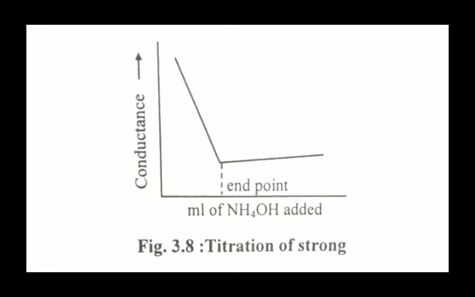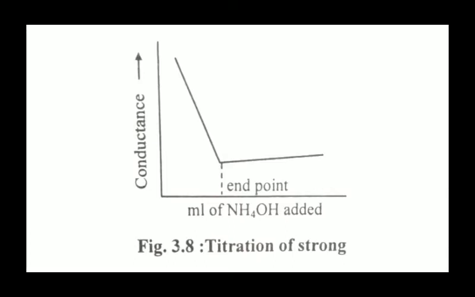We see that the initially high conductance of the solution decreases with addition of ammonium hydroxide, as high mobility H plus ion are replaced by low mobility NH4 plus ion.